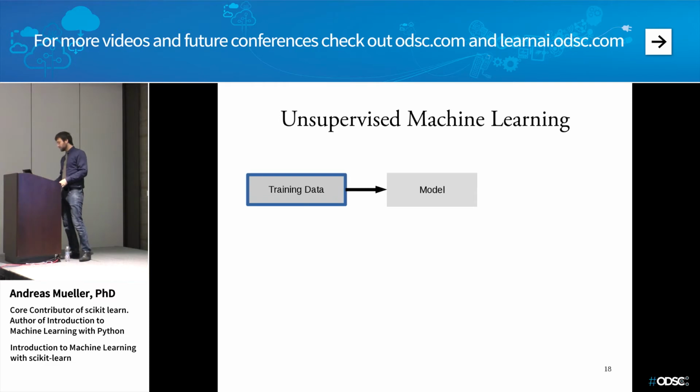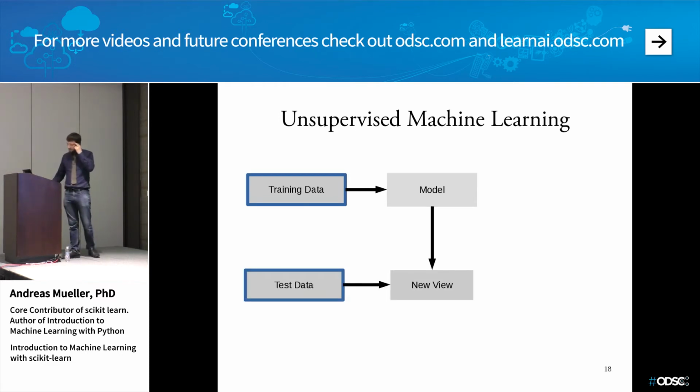I'm not going to go too much into detail for these. Then for some of these unsupervised models, they create a new view of the data. Think about principal component analysis, for example. Then you can take your test data and apply this new representation, this new view of the data, to the test data. This is what I call unsupervised transformers.